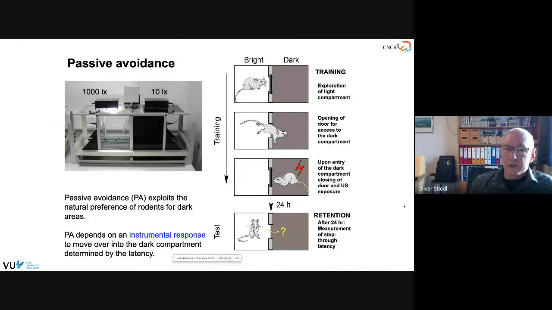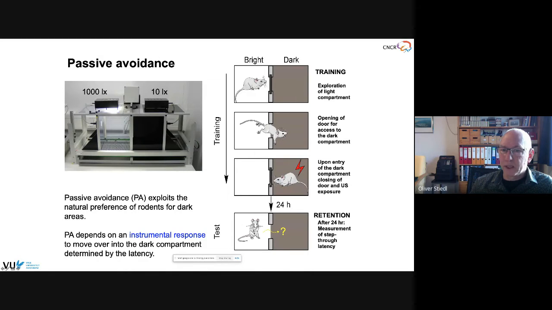So an alternative paradigm that I have used, particularly when I was in Sweden, is the passive avoidance paradigm. The passive avoidance paradigm is nothing but a modified dark-light box test where you place the animals in the bright compartment, and they have the urge, particularly if the light intensity is very bright, to move over into the dark compartment.